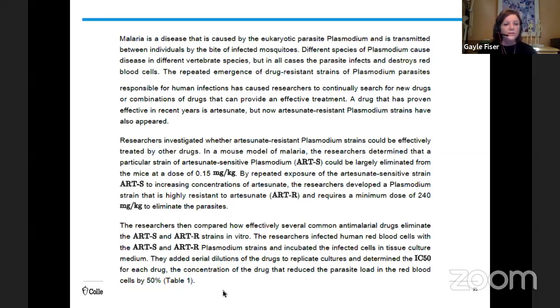They added serial dilutions of the drugs to replicate cultures and determined the IC50 for each drug, the concentration of the drug that reduced the parasite load in the red blood cells by 50%. Okay, so what I know to take forward to this table with me is that ARTS, that's my sensitive ones. ARTR, that is my resistant strains. And then with IC50, that's the dose that it takes to kill half of the resistant strain. Okay.